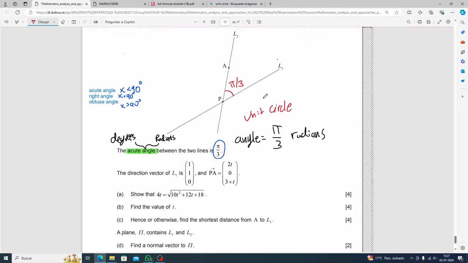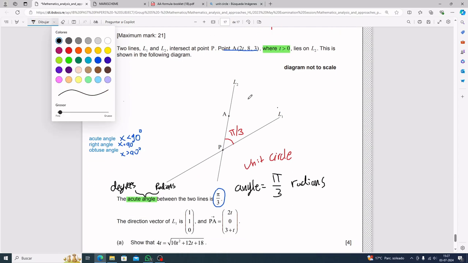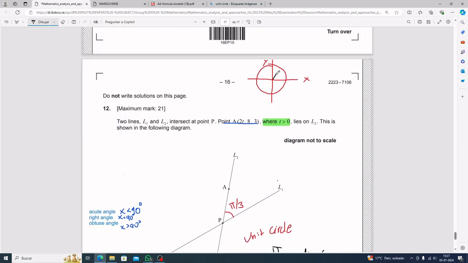Let me just draw the unit circle over here because it will be relevant in just a moment. The unit circle goes like this, goes like that. So this will be x, this will be y. And my pi over 3 is actually right there. Boom. So right here, you have the famous pi over 3. This is a small drawing, but the point is, this is for pi over 3 radians.